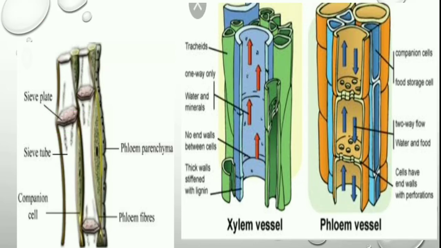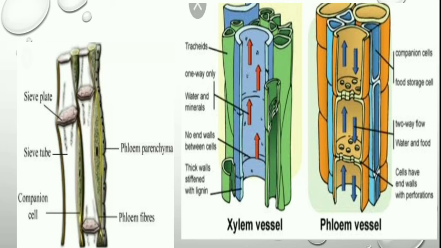In this diagram, we can see a comparison between xylem tissue and phloem tissue. See, tracheids are there in xylem tissue, and in xylem tissue there is only one-way water and mineral conduction, but in phloem tissue we can see two-way flow of water and food.